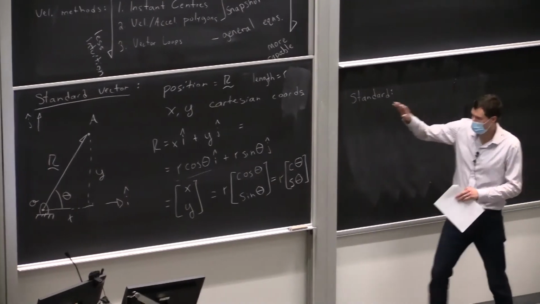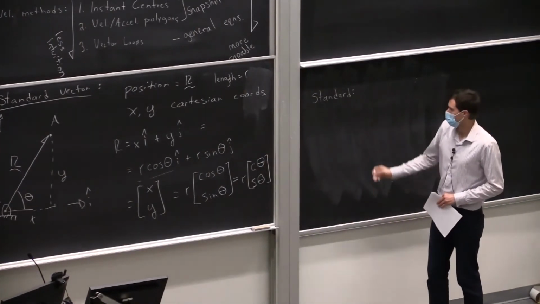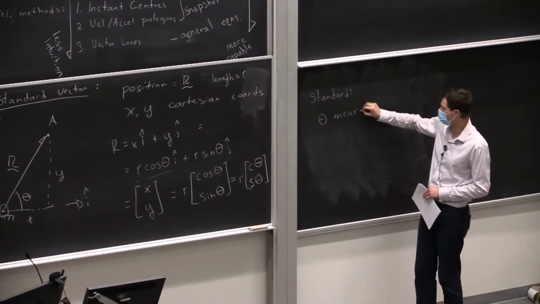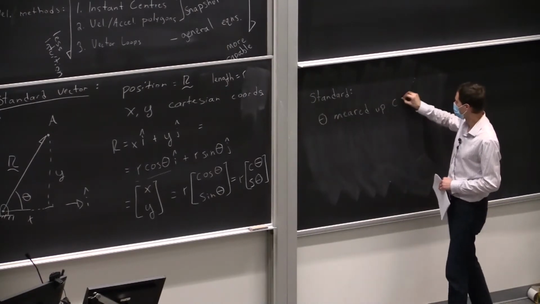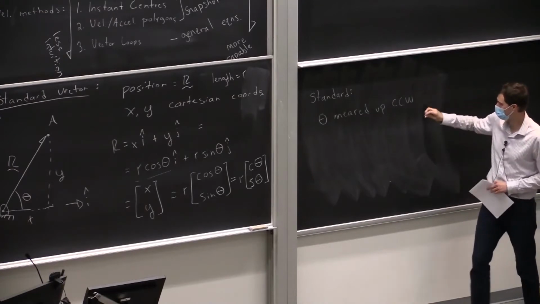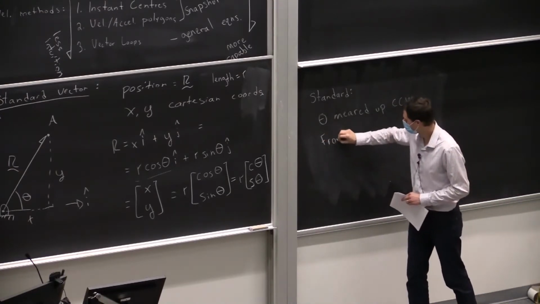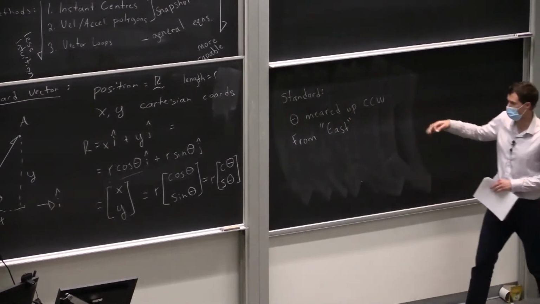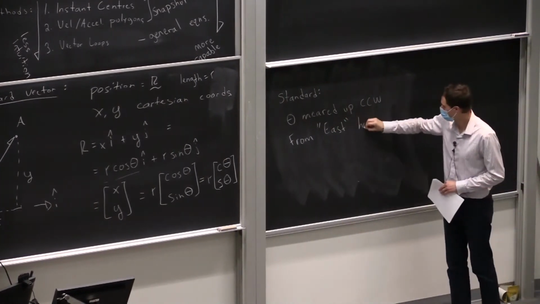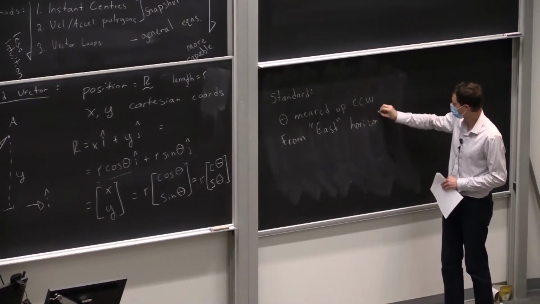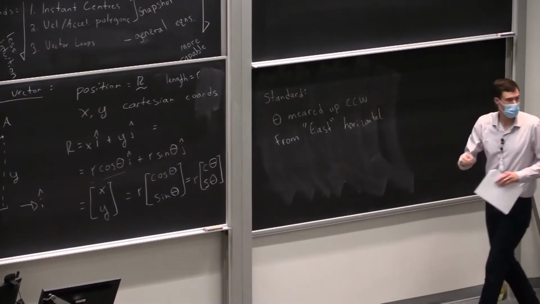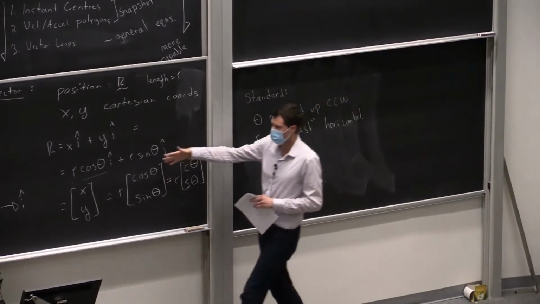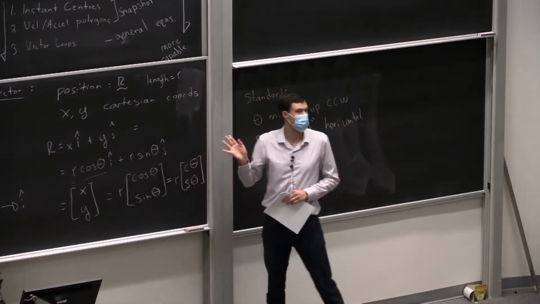So baked into this definition, we assume that theta is measured up from the horizontal, from the right horizontal, which I call the east. You don't have to use that definition, but if you use a different definition of theta, you have to rethink your r vector definition.